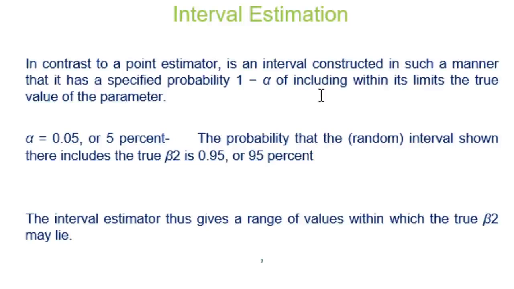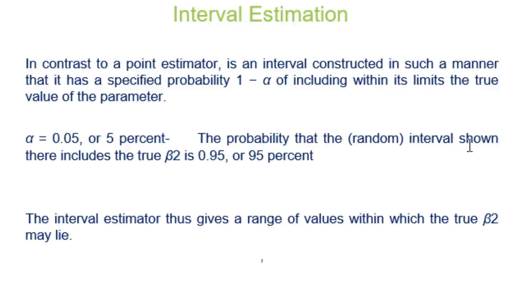That is, this interval estimation is based on the probability concept, and the probability is 1 minus alpha. Alpha equal to 0.05, or 5%, means that the probability that the random interval includes the true beta 2 is 0.95, or 95%.